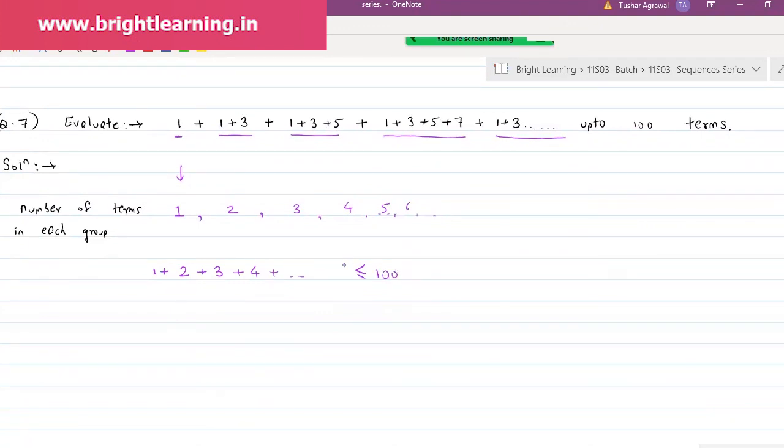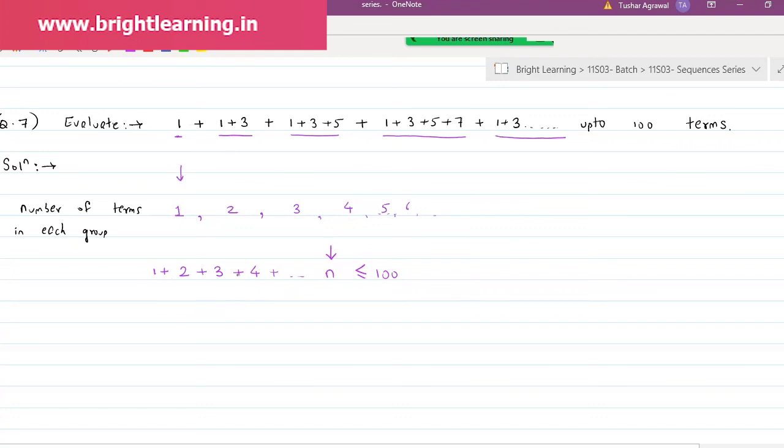Let's say the nth group contributes n terms. This addition should be less than or equal to 100. If there is a particular n for which this addition becomes exactly equal to 100, then all the groups are completed.